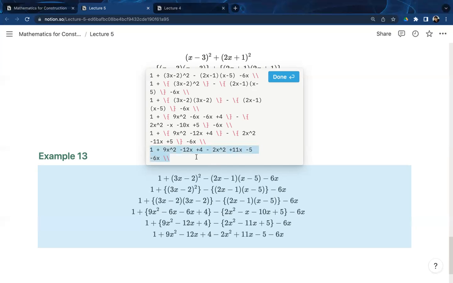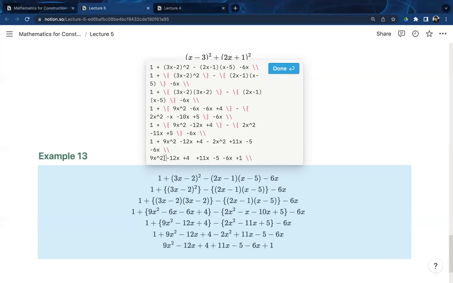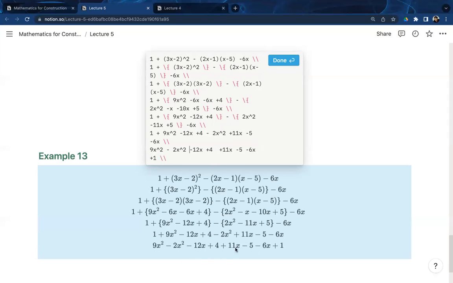Now we want to put like terms together. So this 1 here, I'm going to write it at the end as really positive 1. So I'll take it out from there. This negative 2x squared, I could put after the 9.